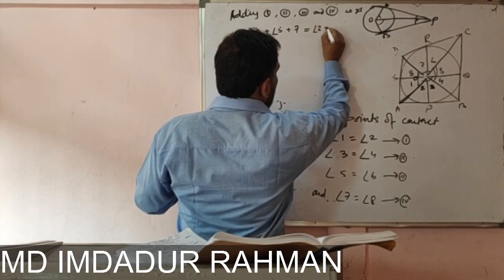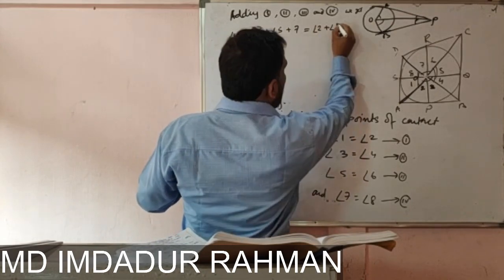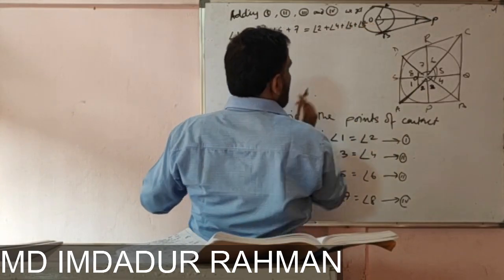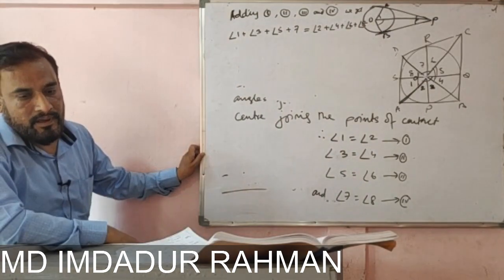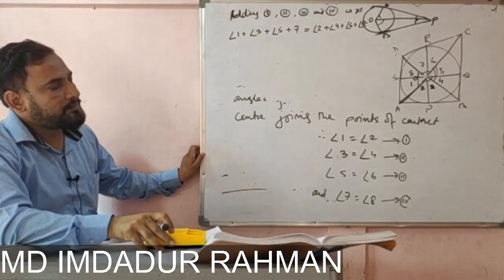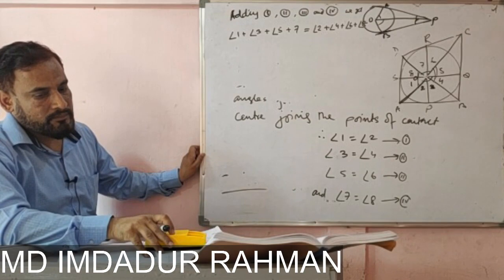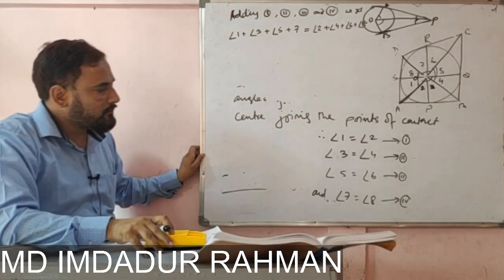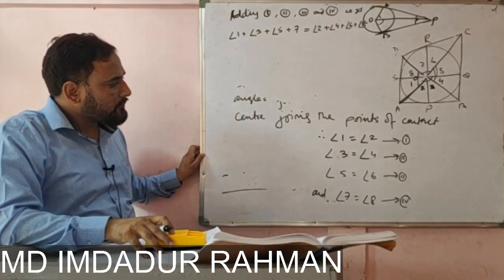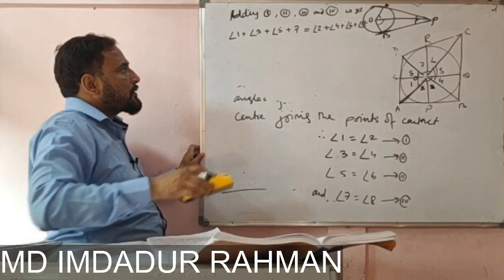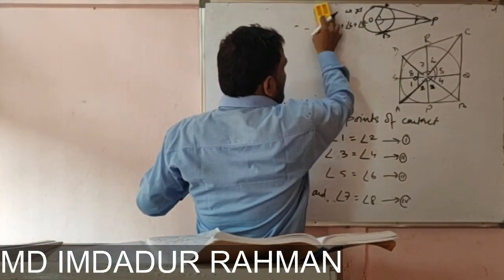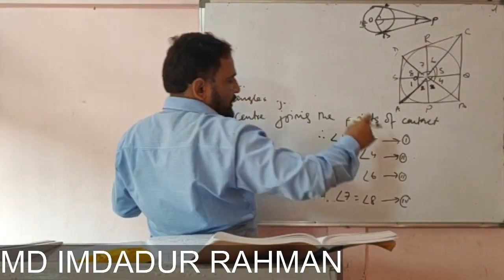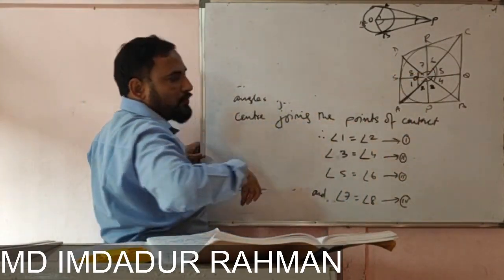Angle 2 plus 4 plus 6 and then 8. No, not in this way. We'll use another way.